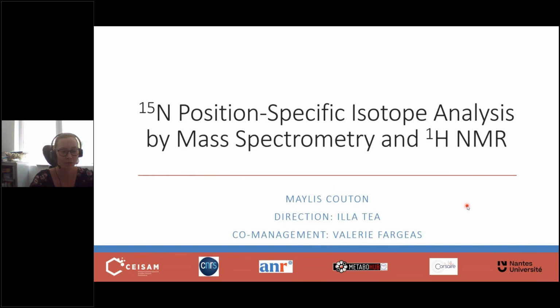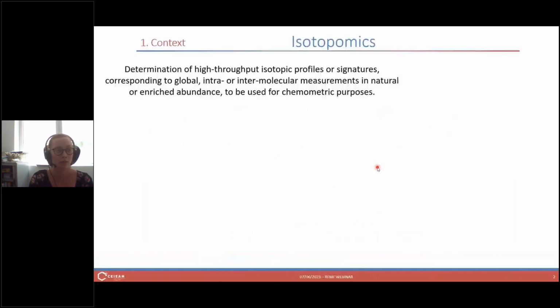Thank you, and thank you for this opportunity today. So I will talk about my PhD subject, which is nitrogen-15 position-specific isotope analysis by mass spectrometry and proton NMR. So let's start with the definition of isotopomics.